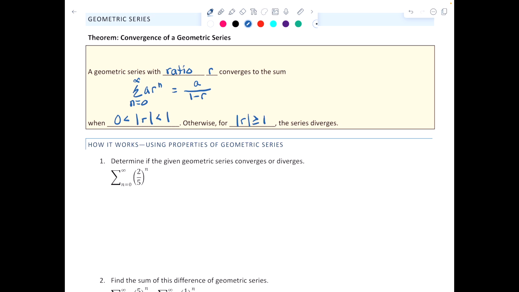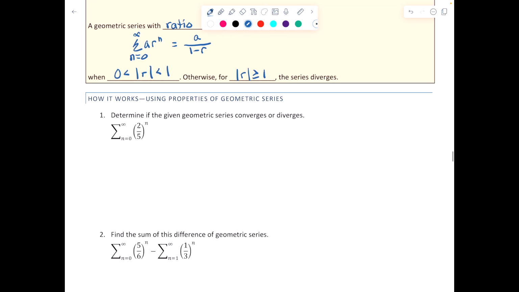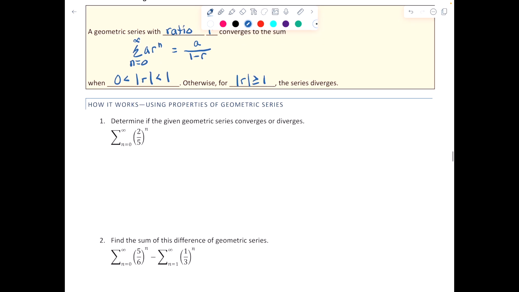So let's check it out, how it works. Determine if the given geometric series converges or diverges. Well, if we identify each of our components here, A is just 1, right? There's a coefficient of 1. And then R is equal to 2/5, right? Because that's everything that's being raised to the n.